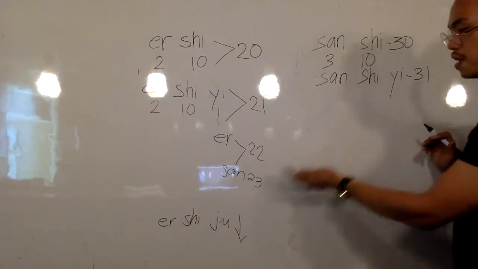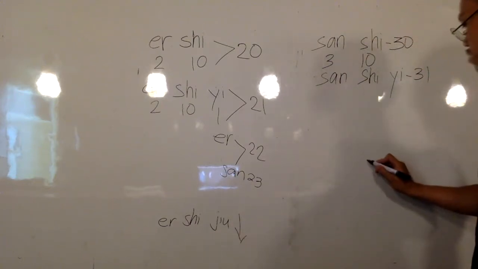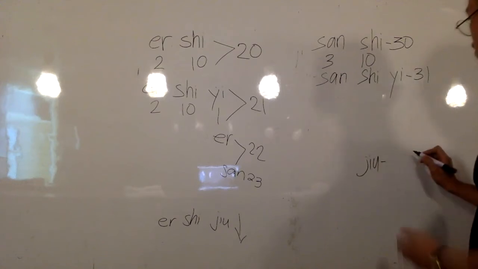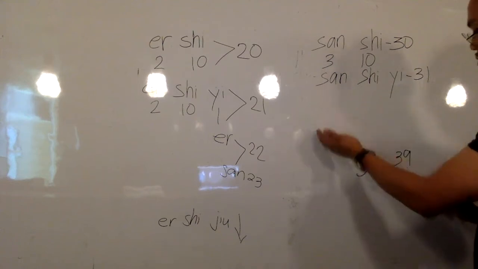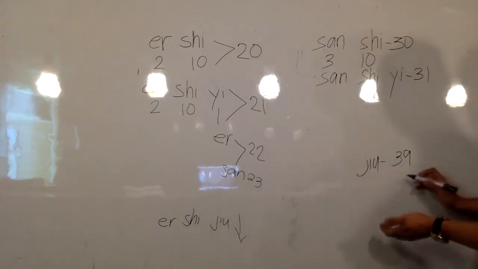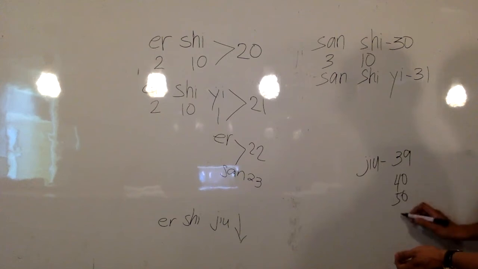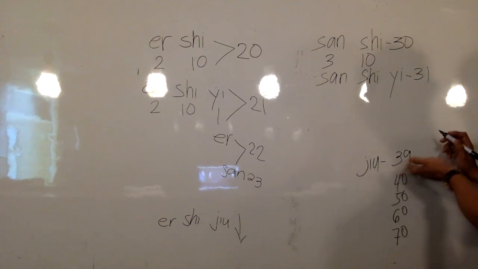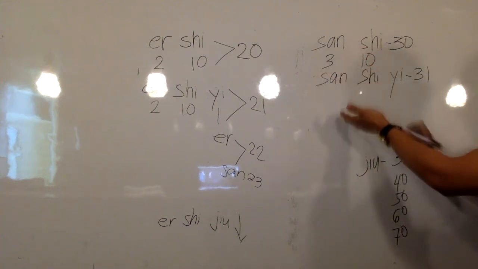The format you have to follow is the same when you count until 9. The same goes with the other numbers like 40, 50, 60, 70. You only have to change it when you reach the full number.